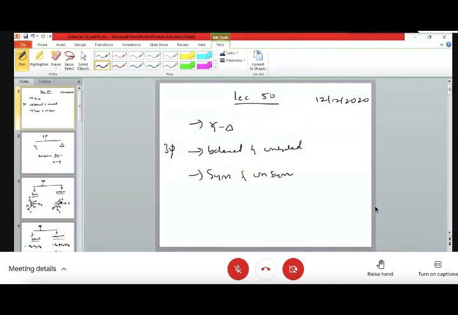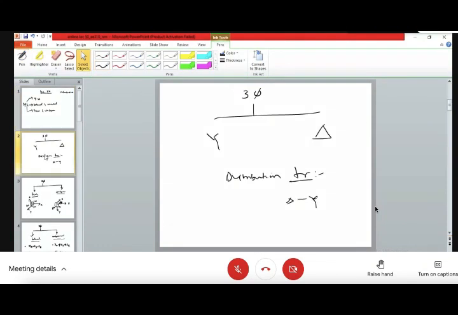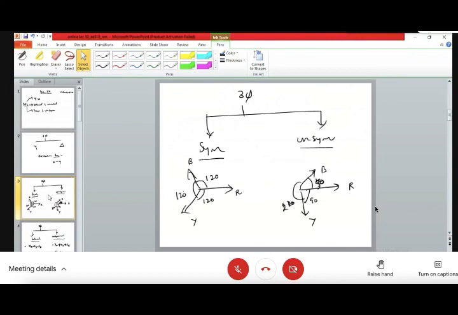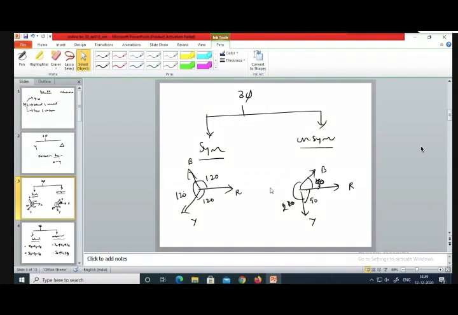So you can classify the three-phase system like this. This is the star and delta classification, and symmetrical and unsymmetrical.